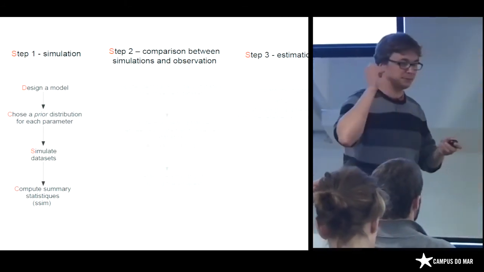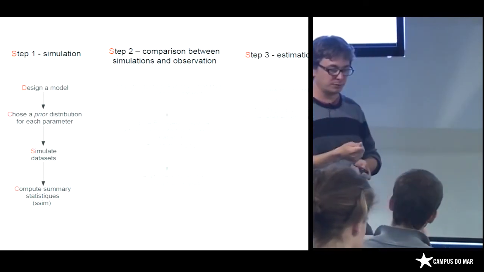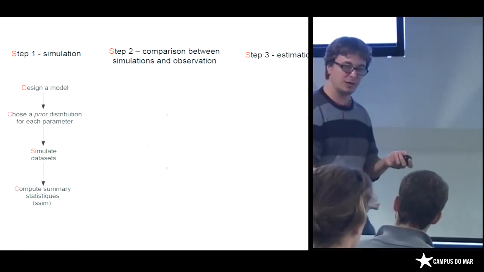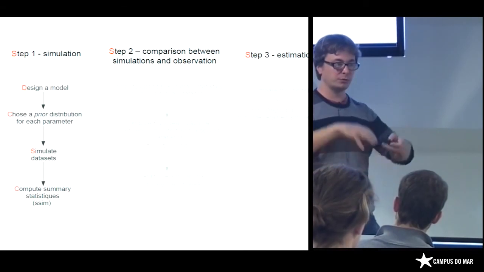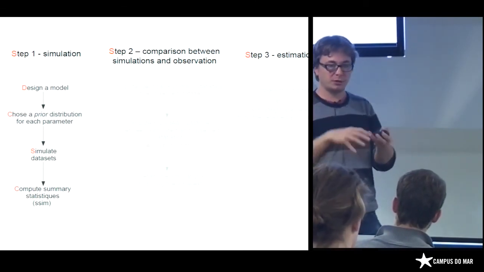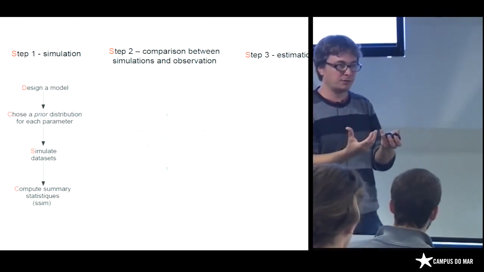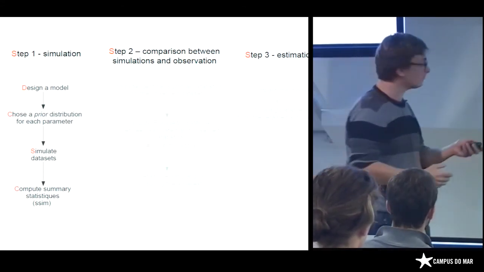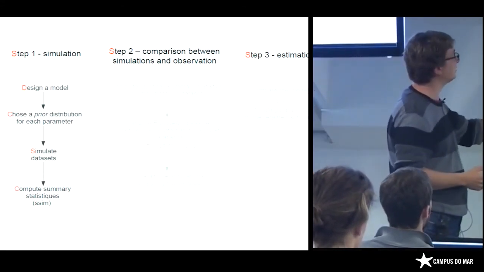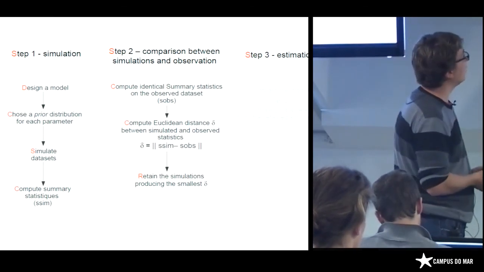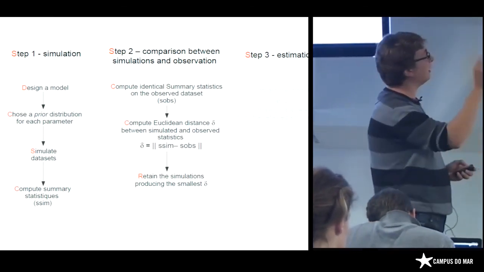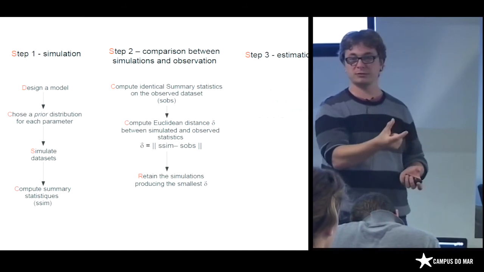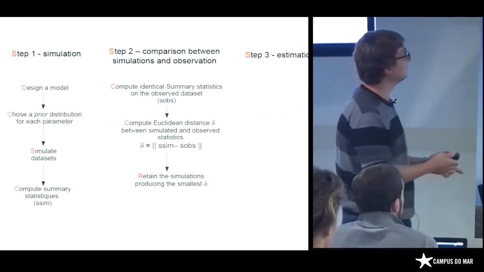So the first step, you choose a model, you simulate, you compute a description of the simulation output, the summary statistics. Then you have to compare simulations with the observed data set.